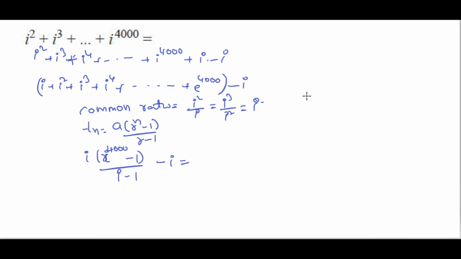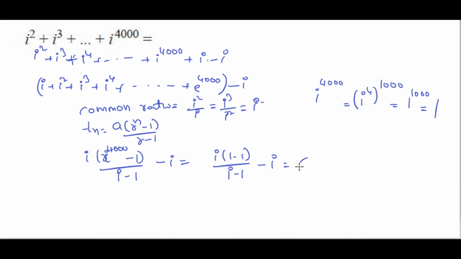Here i to the power of 4000 is written as i to the power of 4 into 1000. i to the power of 4 is 1, 1 to the power 1000 is equal to 1. Substituting this value in this equation, i into (1 minus 1) by (i minus 1) minus i, that is equal to 0 minus i, that is equal to minus i. This is the answer.